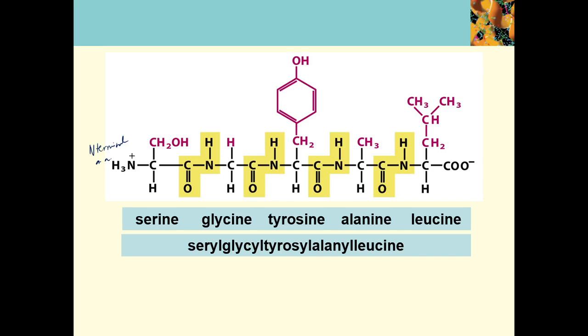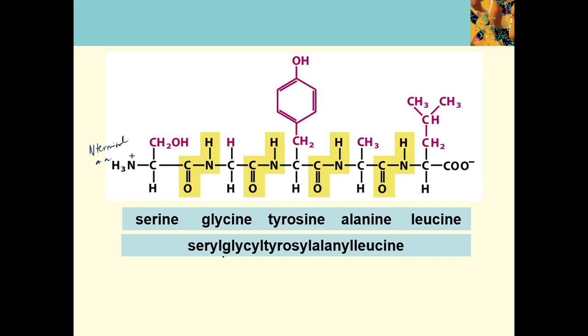Now, there's also another way of naming your polypeptide, your pentapeptide shown here. Imagine if you have a very long amino acid sequence, let's say you have 100, then you will write everything in this format, your YLs. That is very cumbersome.